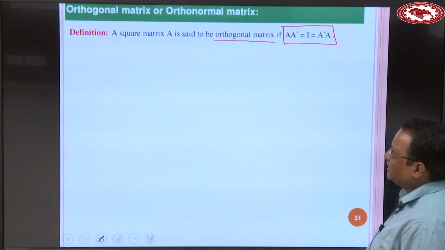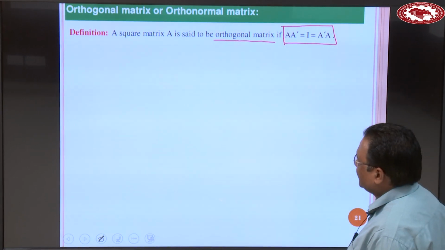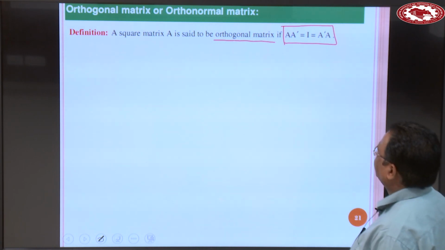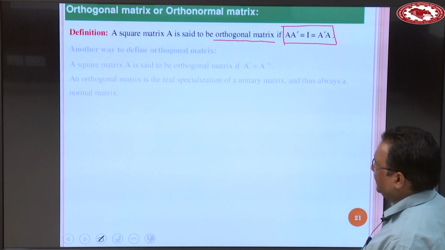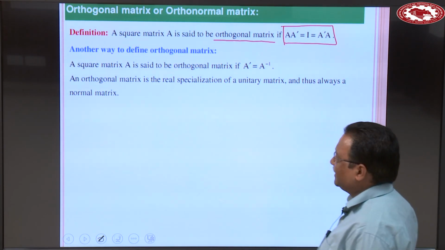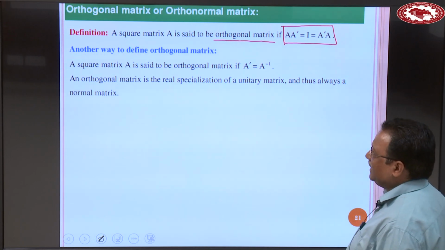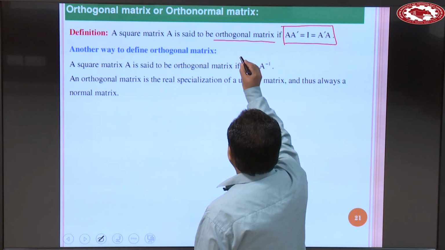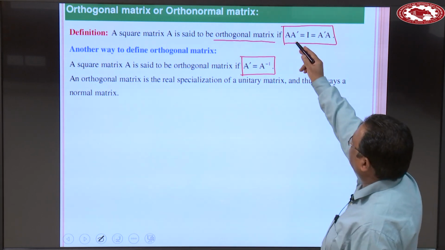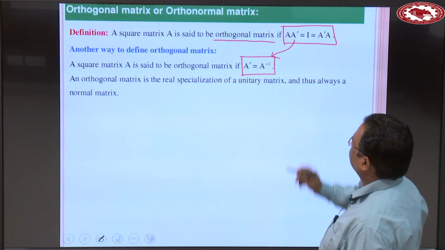So, remember this definition. Another way to define it: a square matrix A is said to be orthogonal if A dash is equal to A inverse. So, from this you can evaluate this result.